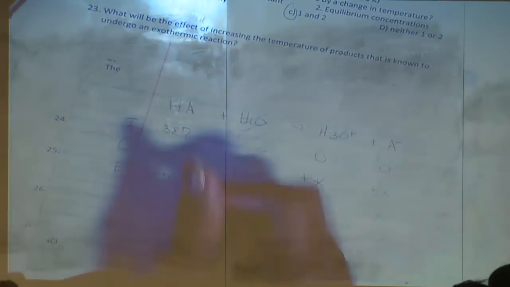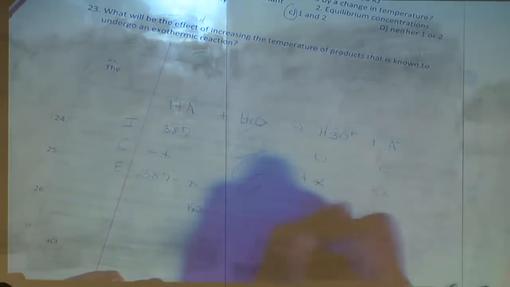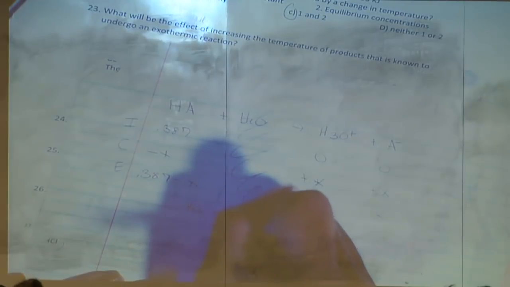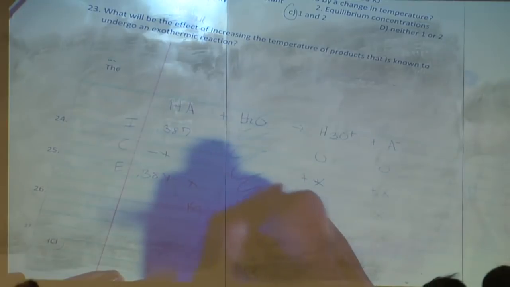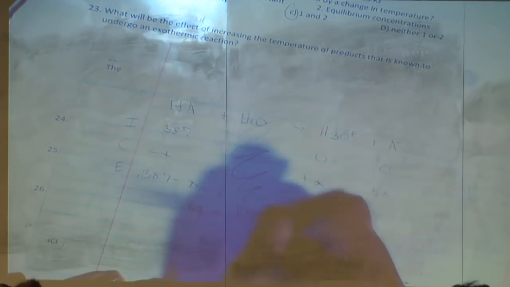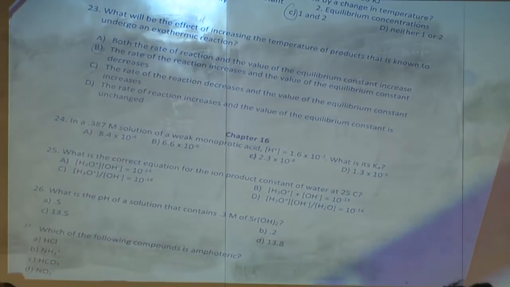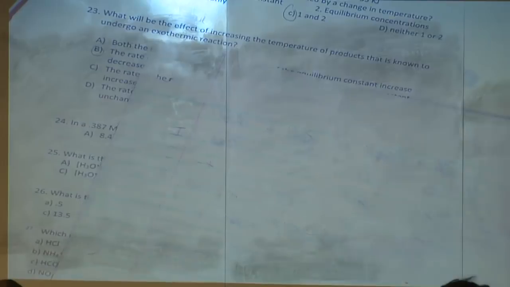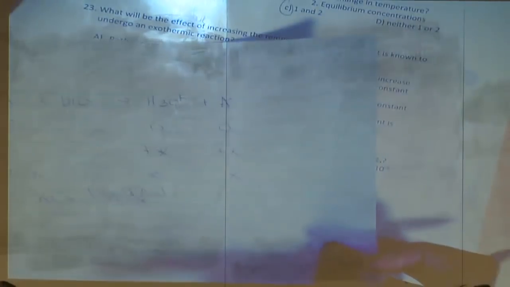All right. So the Ka for this weak acid should be the concentration of H3O+ times the concentration of A-, divided by the initial concentration of the acid minus x. We were given the concentration of H+, which is the same thing as H3O+.